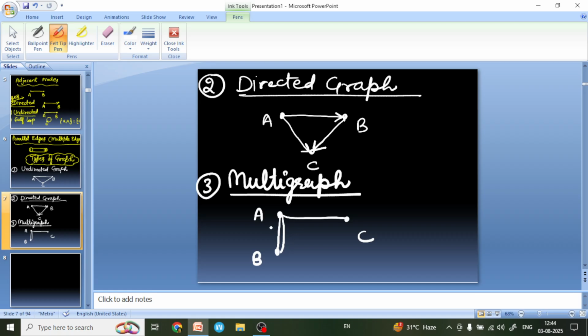You can see here, this is one line drawn, second line and third line. Any graph which contains some parallel edges is called a multigraph. Here this is C, this is A and this is B, and these two lines are parallel.